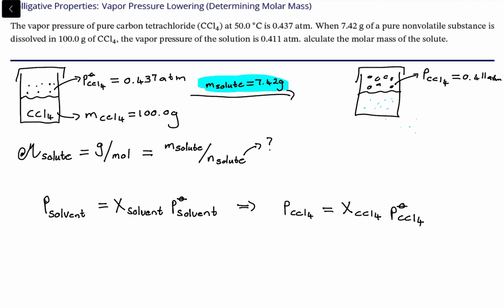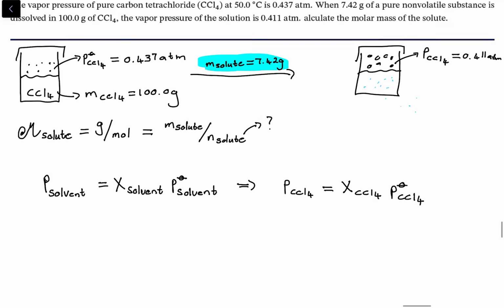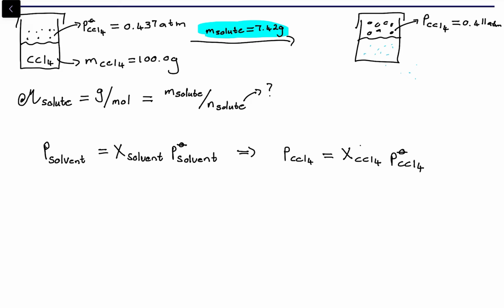Okay. And which quantity in here is going to help us determine the number of mole of the solute? Well, if you think about it, it's the mole fraction, because the mole fraction, XCCl4, is going to be the number of mole of CCl4 divided by NCCl4 plus the number of mole of the solute.